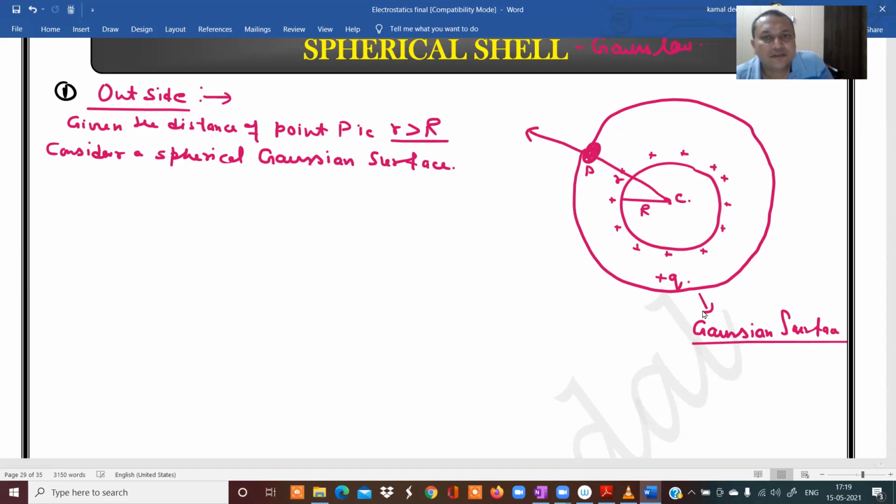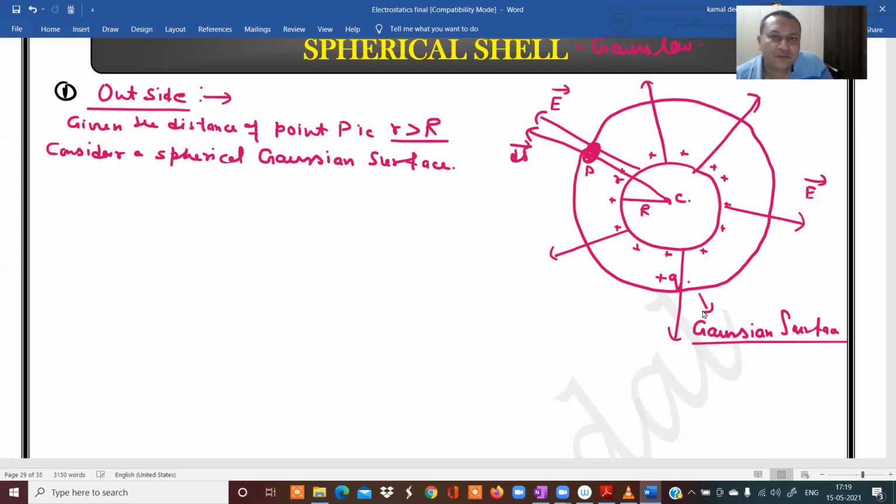This area is dS. Now you will draw the electric field from here, from here; this is the electric field E. Every point on the surface is at equal distance from the center, so all these points will have the same electric field. It means this Gaussian surface is symmetric.